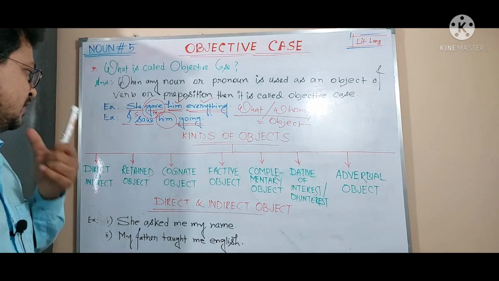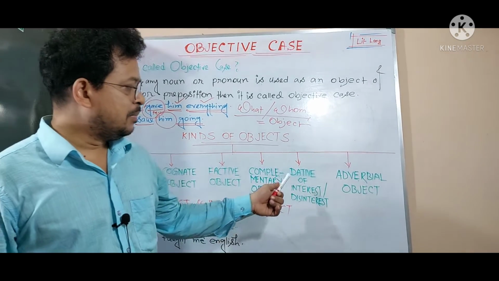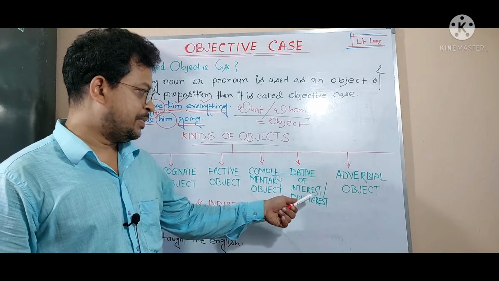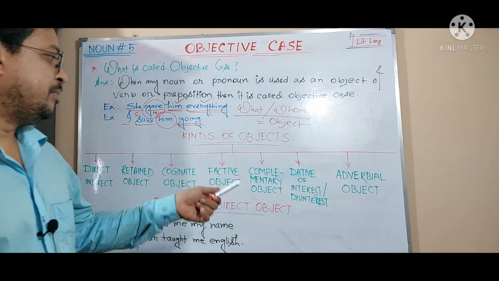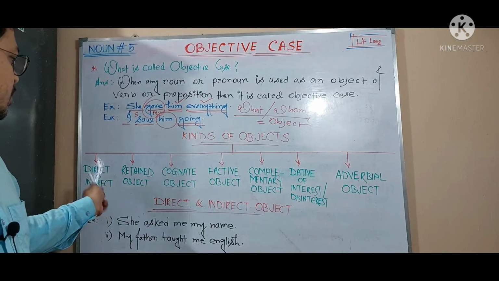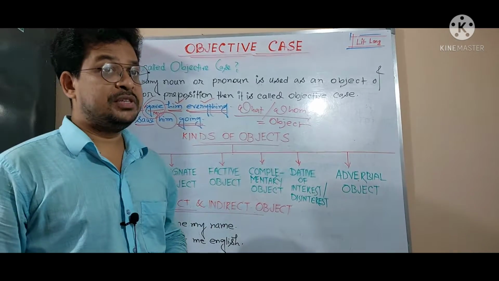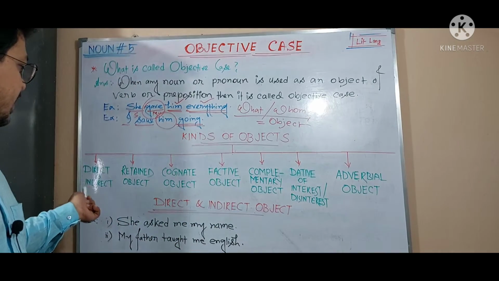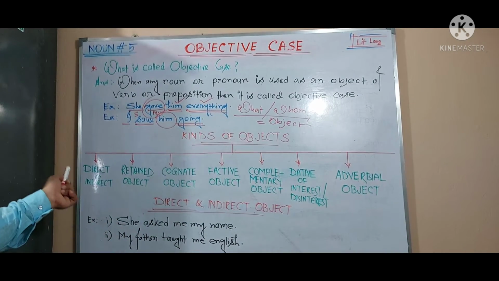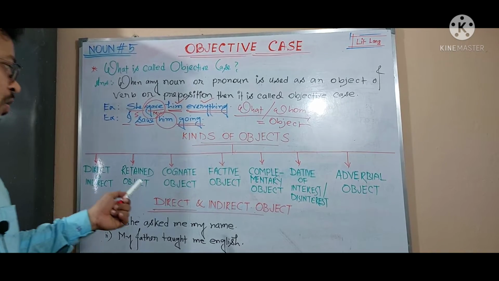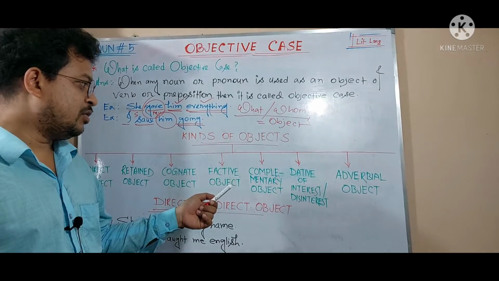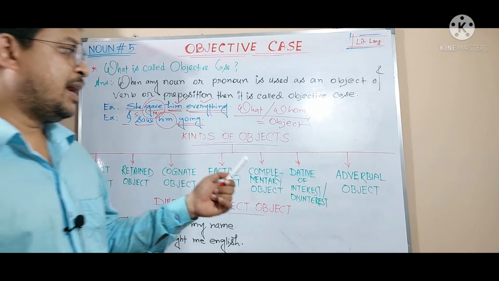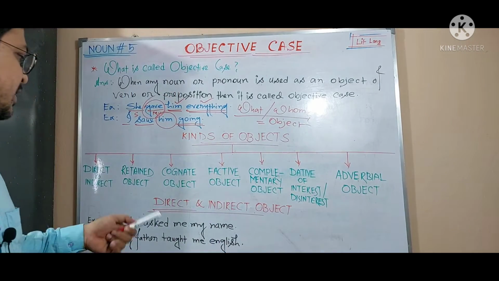There are approximately 7 to 8, but I mingled dative of interest and dis-interest. If I separate it, it will become 8. So again, repeating: direct and indirect object, retained object, cognate object, factive object, complementary object, dative of interest or dis-interest object, and adverbial object. So there are 7 objects.